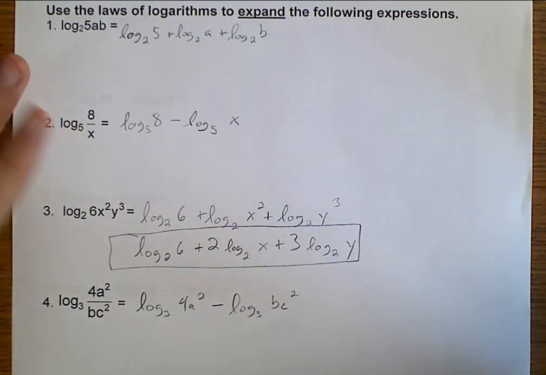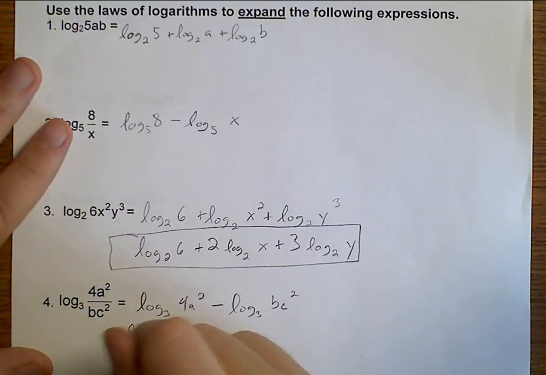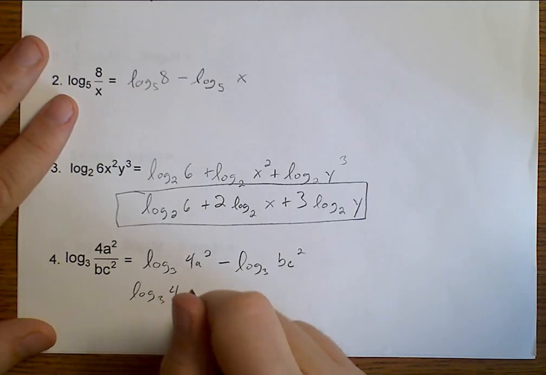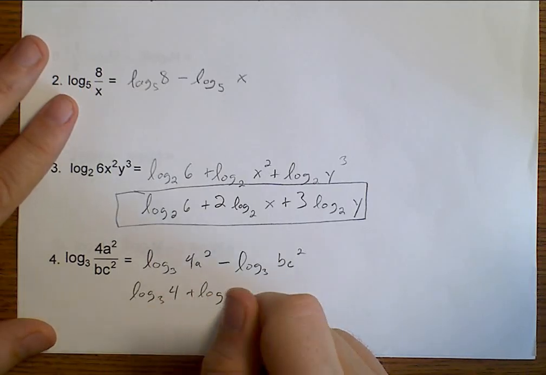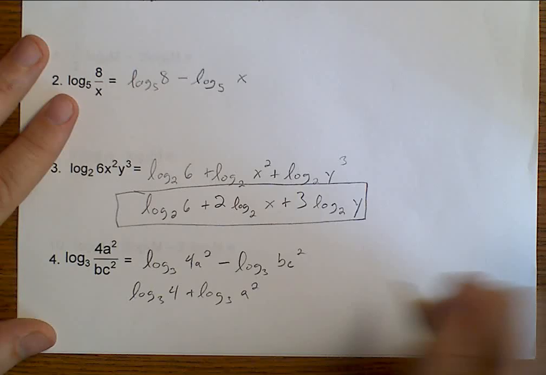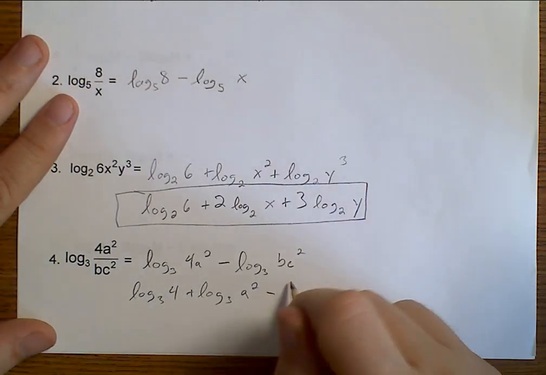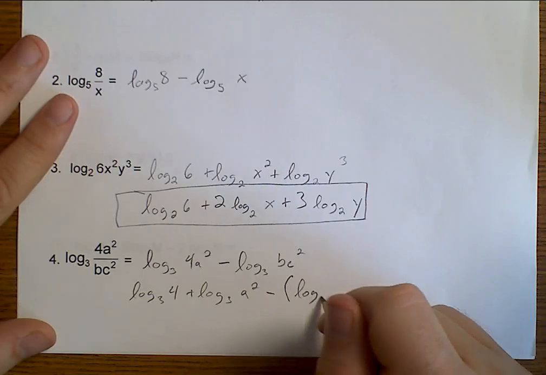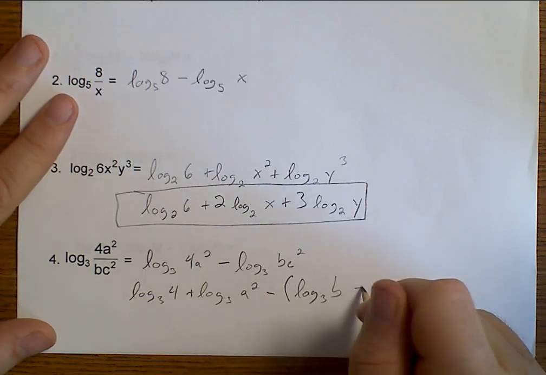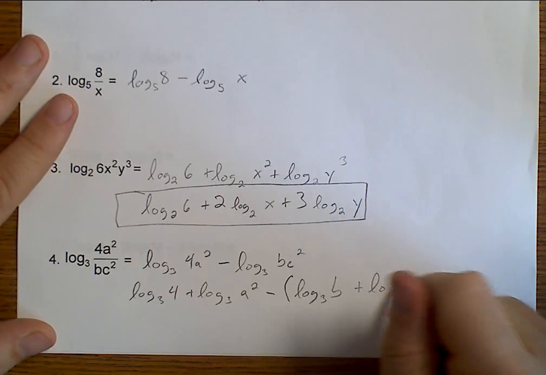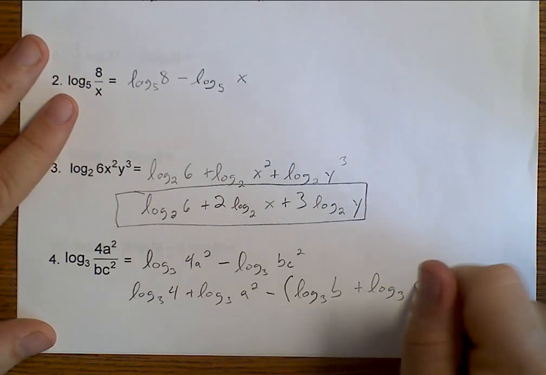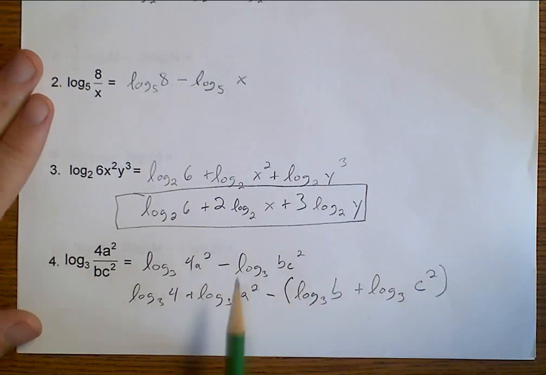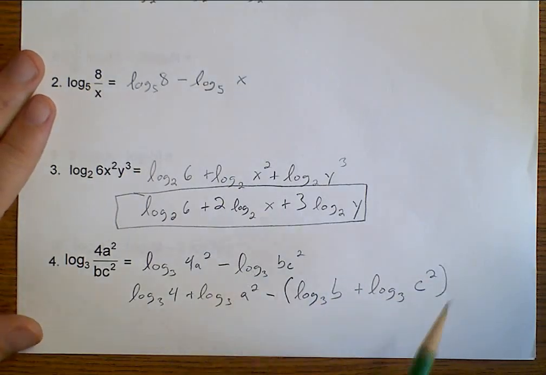Well, I can break this up into the log base 3 of 4 plus the log base 3 of a squared, minus the log base 3 of b plus the log base 3 of c squared. I put this in parentheses because it's minus this, which means it's minus both.